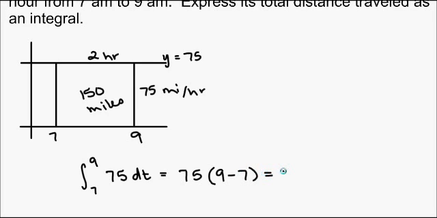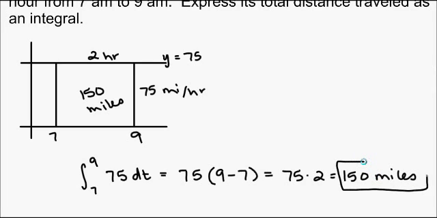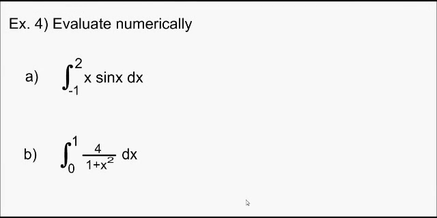So this is 75 times 2, which is 150. So this way is a little bit shorter just because you don't have to draw a picture. And don't forget your units there. We know we're traveling miles, so 150 miles, 2 hours. Not too shabby.